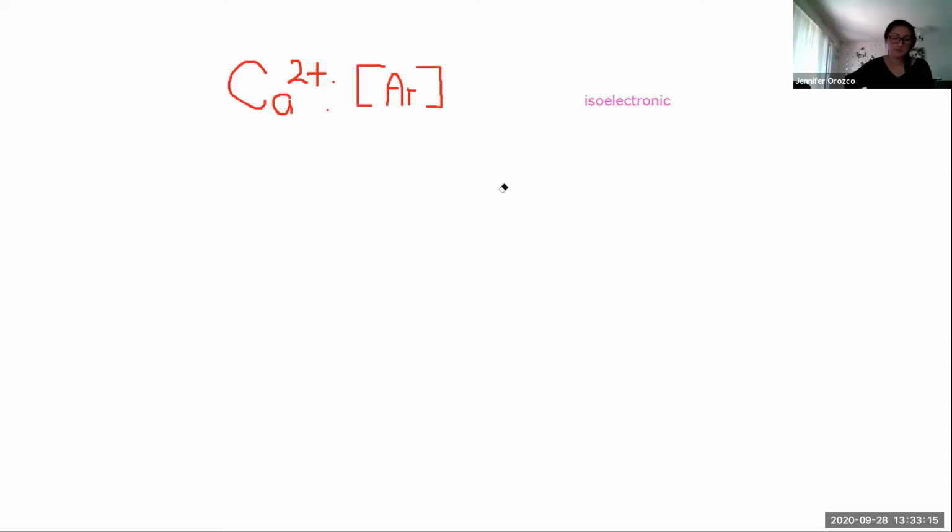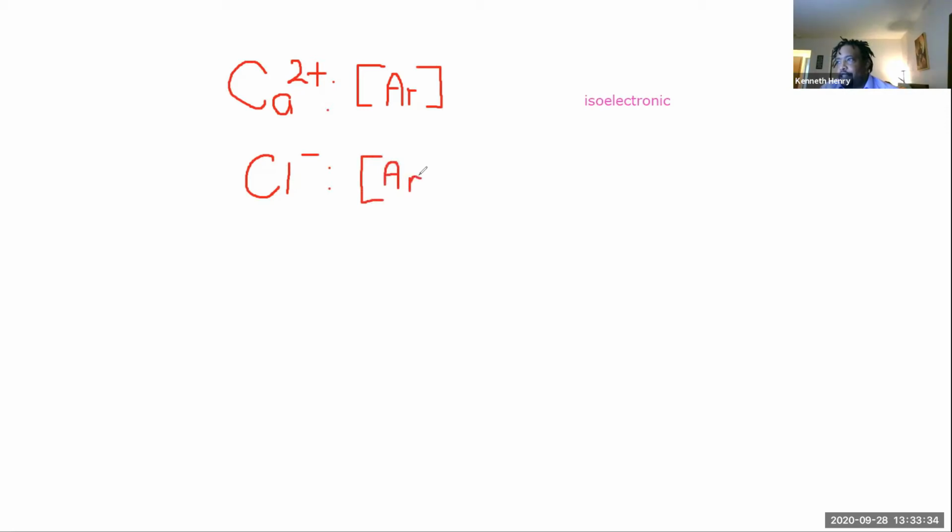Would it be F negative? Wait, argon, yeah, argon. Cl negative? Cl negative would have the same number of electrons as argon. Yes, that's true. Who else?